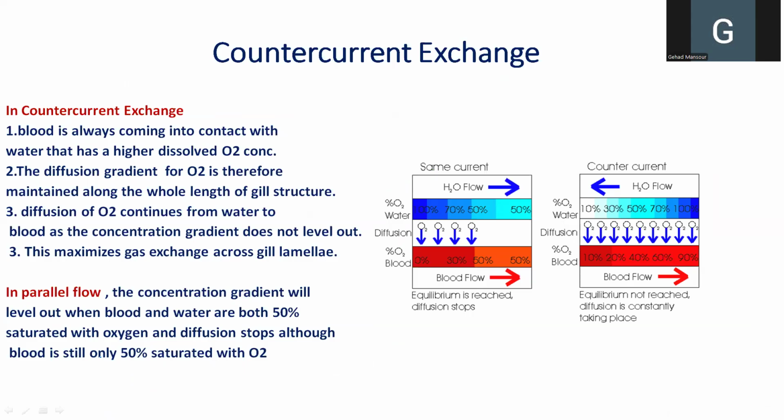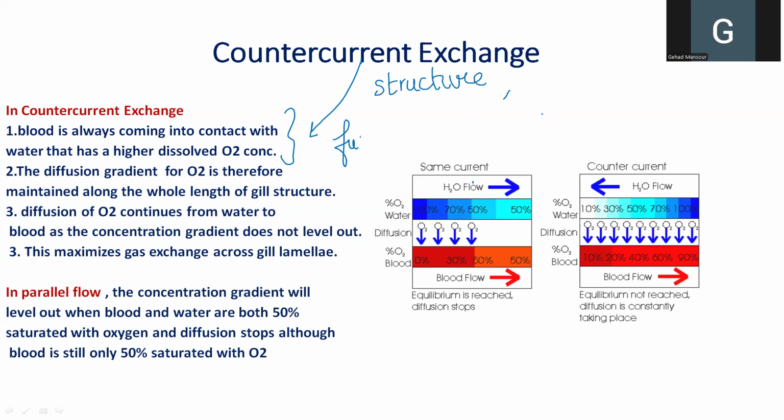In a countercurrent exchange, blood always comes in contact with water that has a higher level of dissolved oxygen. So this structure in the fish gill allows this function.